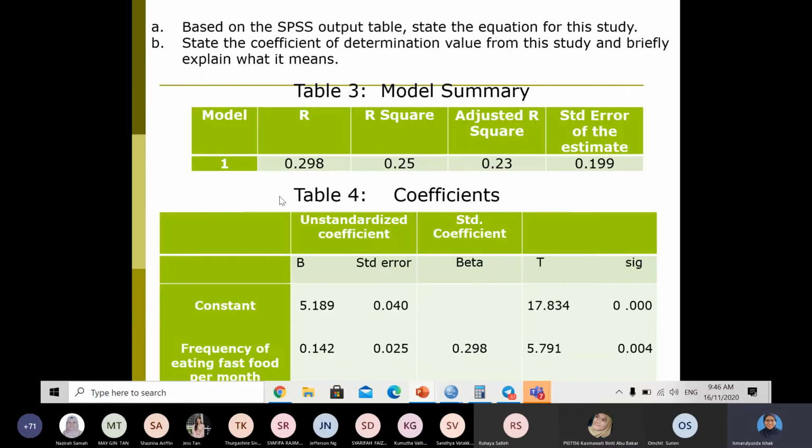Alright. So from here, state the equation for the study. And state the coefficient of determination value and briefly explain what it means. Equation, okay, write the equation.